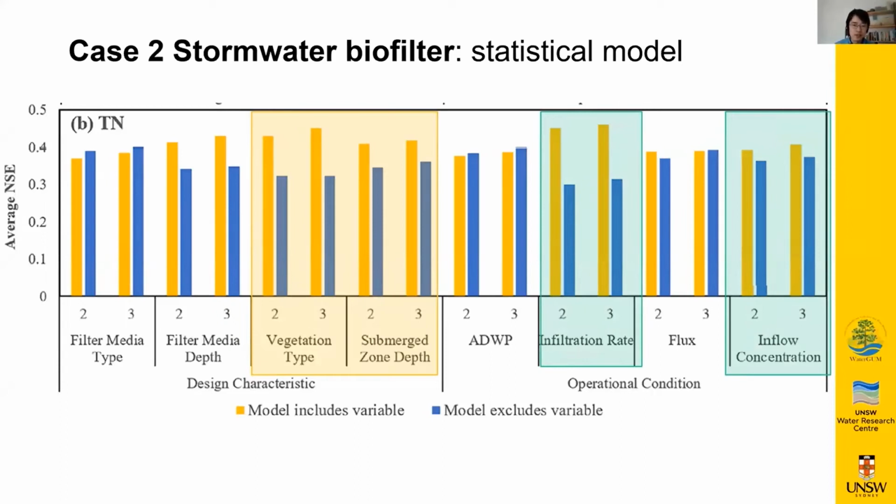Inflow concentration is slightly less important, but it does show an improvement if you include it. So this is another case. We showed how we can use data-driven models to predict the system performance while identifying the key design and operational variables.